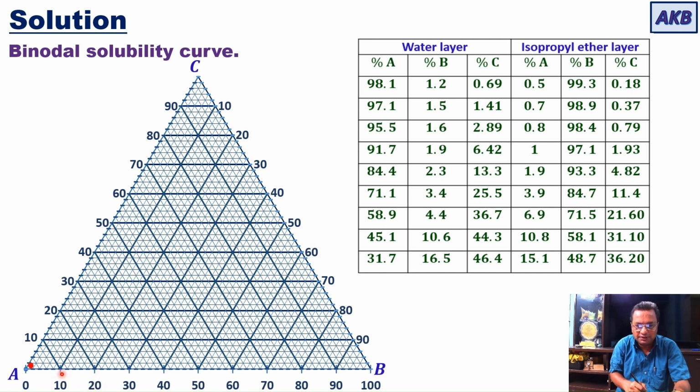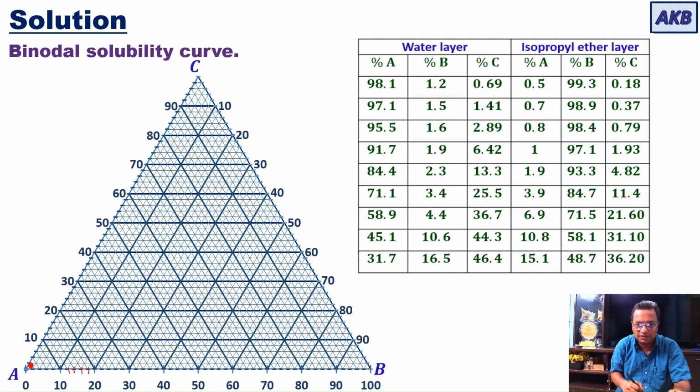So for example, this is 10, 12, 14, 16, 18 and 20. That is, each small division on this particular graph represents a composition of 2%. So you can use a different scale, that is not a problem.